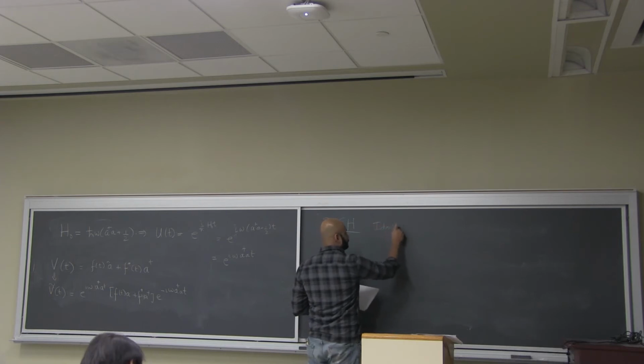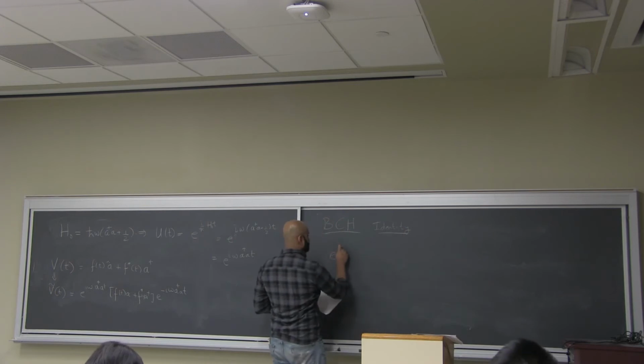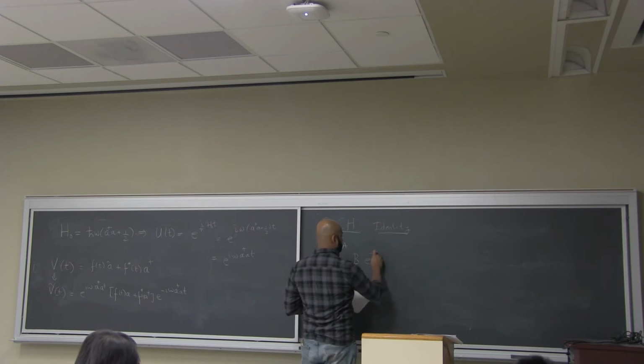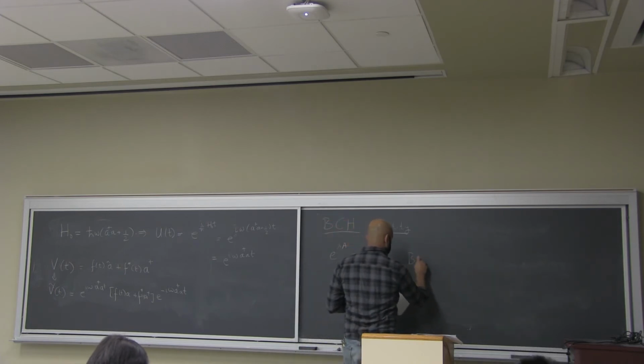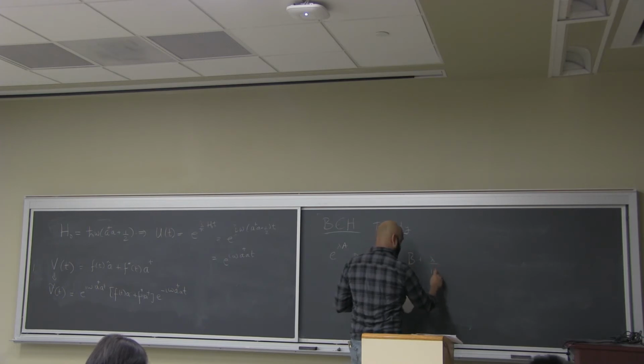And that is that e to the lambda A times B times e to the minus lambda A is equal to B plus lambda over 1 factorial, and so on.